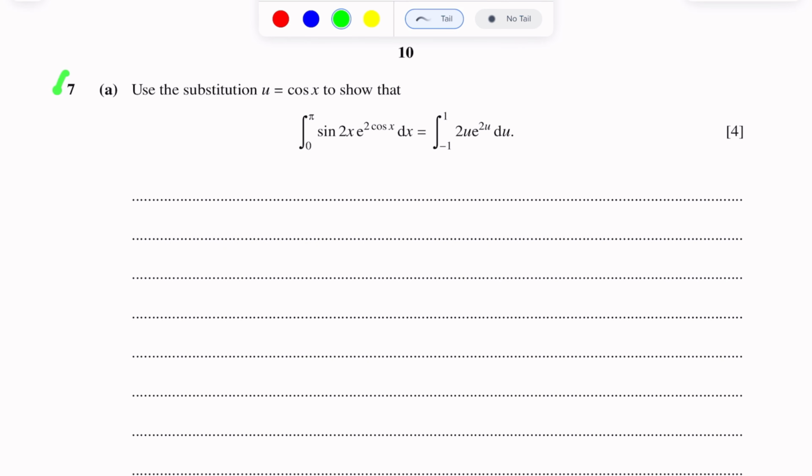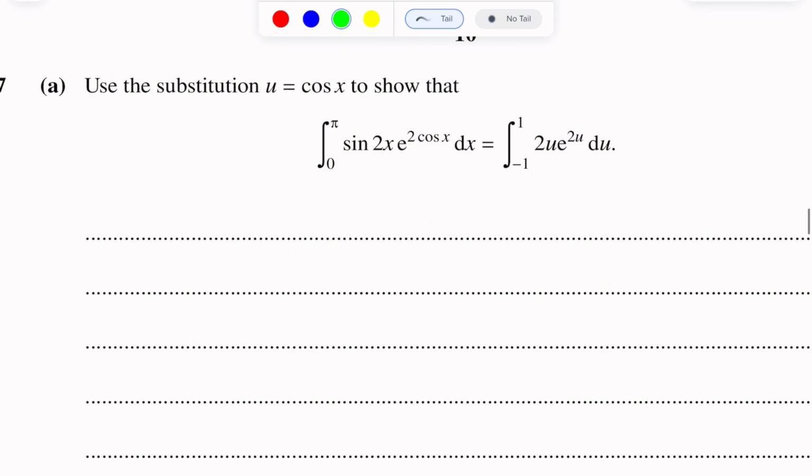Question number 7. This question is of integration.